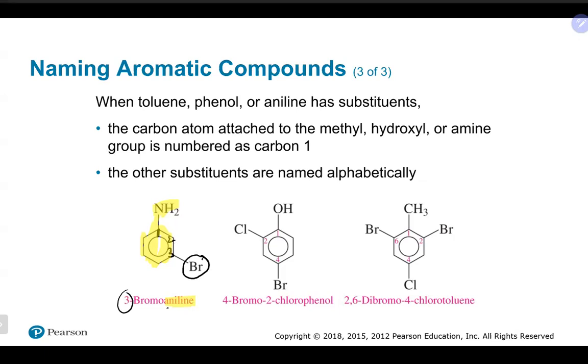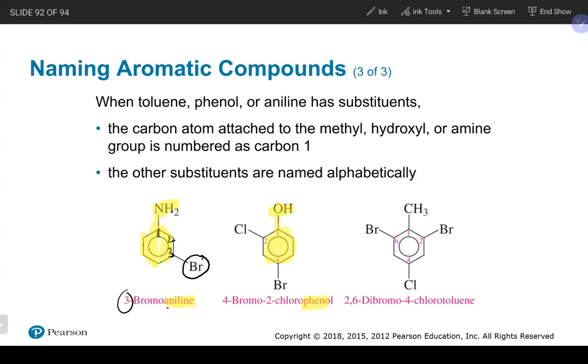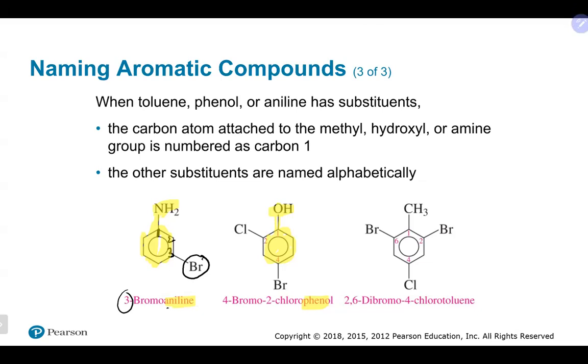Once again, if we highlight the historical part here, that's an OH with a benzene ring, so that is going to be the phenol part of the name. Our OH is going to be carbon number 1 in this case. Now, if we go clockwise to the right, we would have groups at numbers 4 and 6.